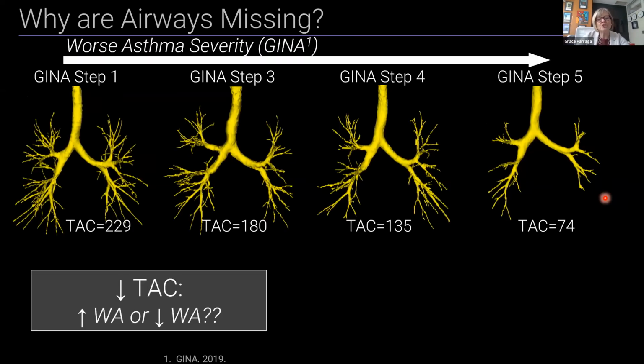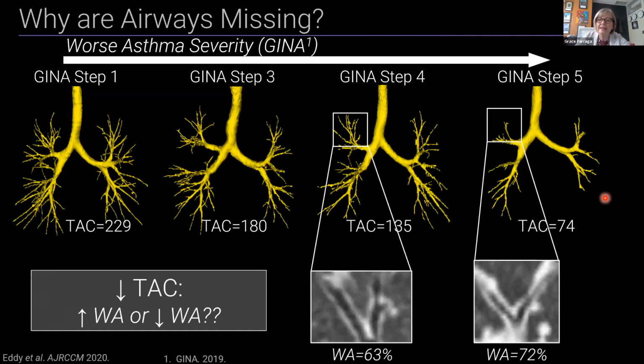So we asked the question in the lab, what is happening in these airways? Is the wall area thick or is it thin? And this is an important question because in COPD, the folks at St. Paul's showed that the actual airway walls thin out in COPD as those airways become truncated or obliterated. So we went in and measured airways in GINA 4 and 5.